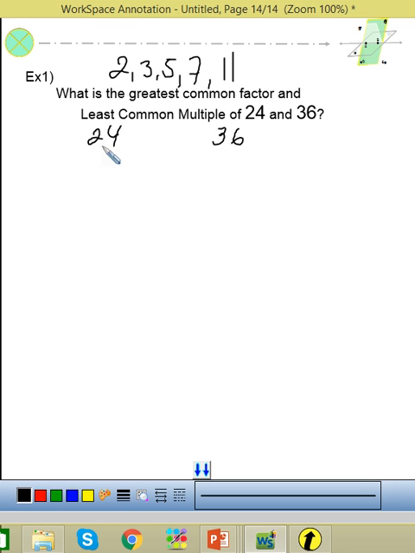So start our factor tree here. Which one of these prime numbers factors into 24? 2 and 3, right? I'm going to go with the biggest one, which is 3, so it's 3 times 8. Circle the 3 because it's a prime number. We can't do anything with that. 8 is 2 times 4, and 4 is 2 times 2.